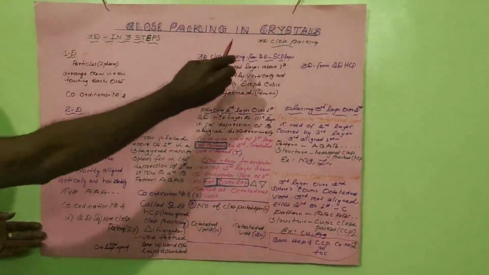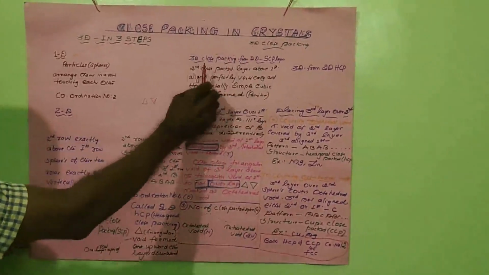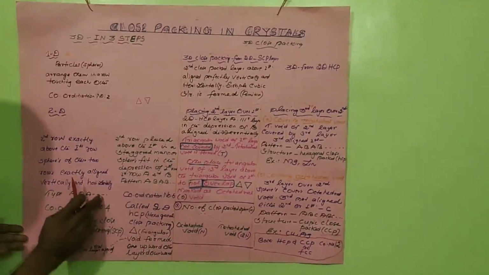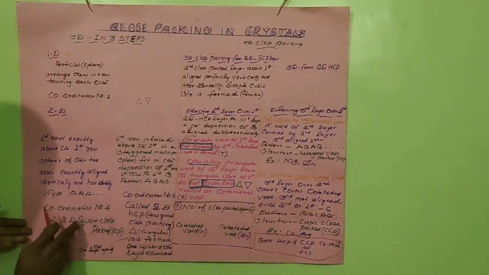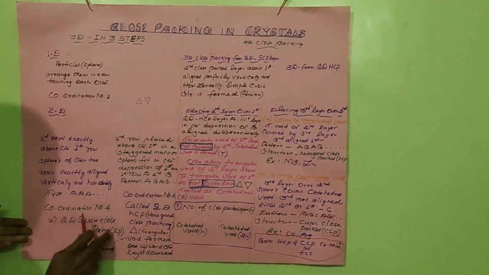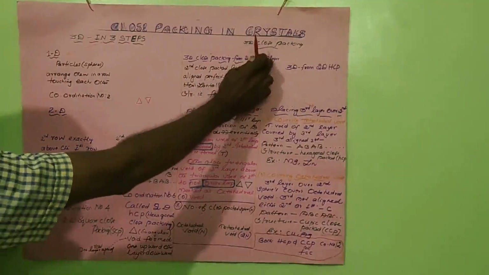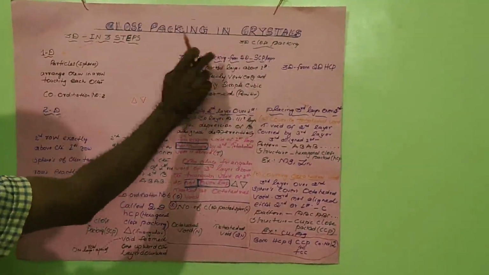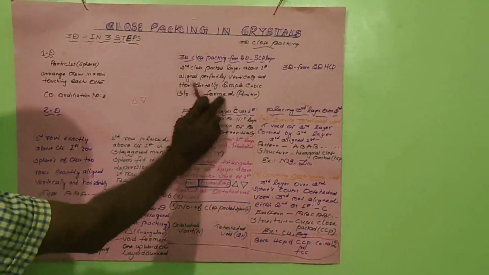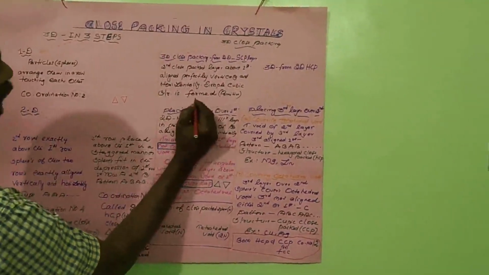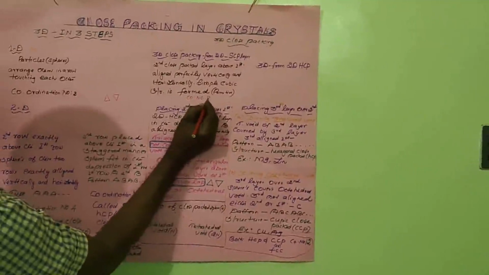Then 3D close packing from 2D. In 2D there are two types, square close packing and hexagonal close packing. Square close packing, one layer over other, simple cubic is formed. Simple cubic, coordination number 8.